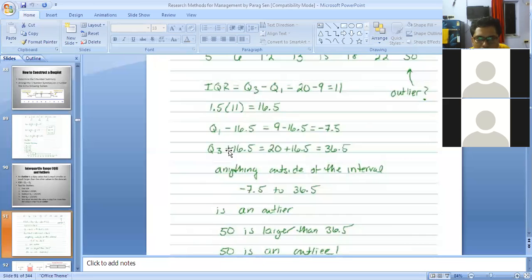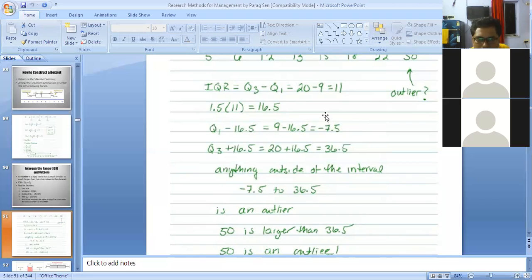So Q1 minus 16.5, that means Q1 minus 1.5 into IQR, is equal to minus 7.5. And Q3 plus 1.5 into IQR, that is 20 plus 16.5, is equal to 36.5.